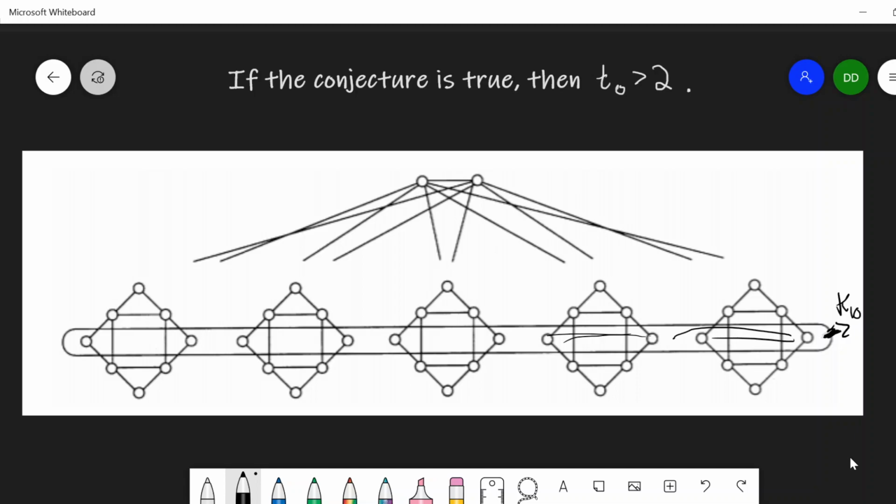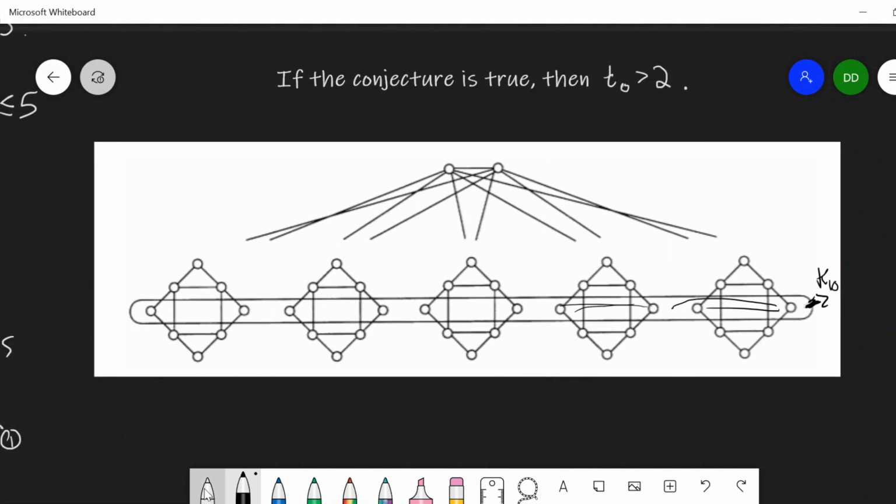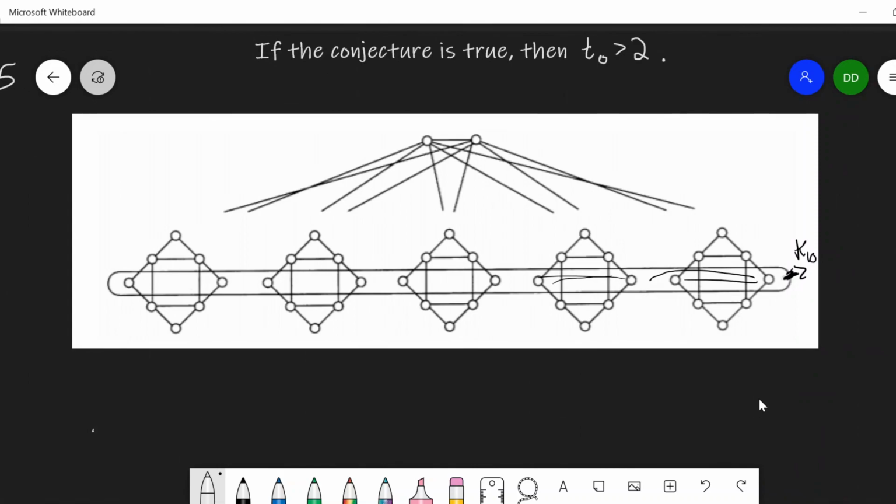By the way, these researchers actually did a little bit more. They found an infinite class of graphs whose toughness approached 9/4.